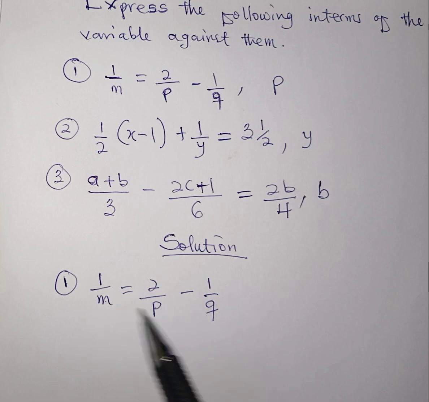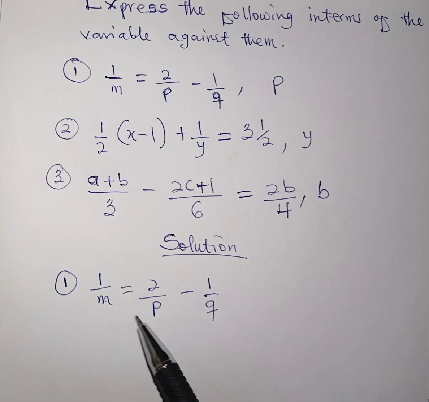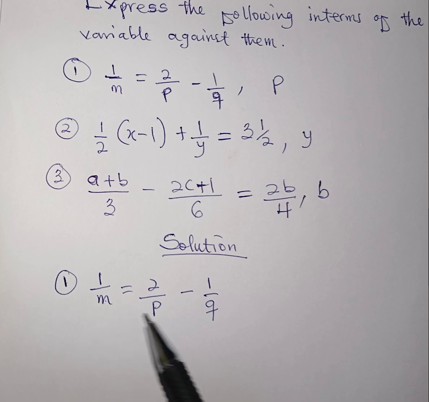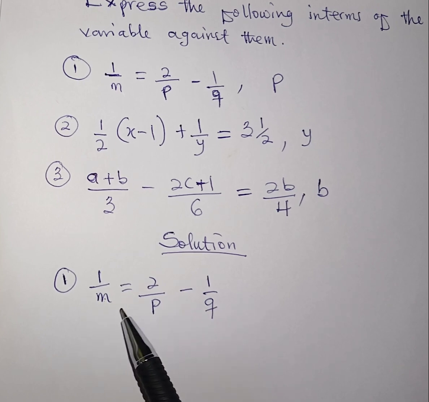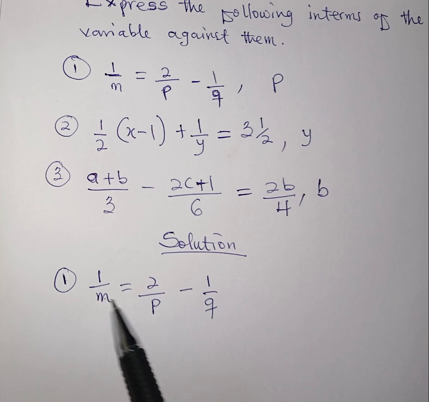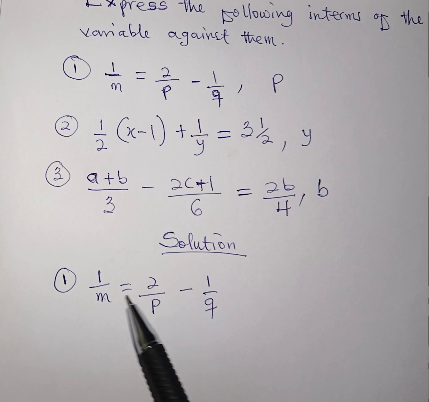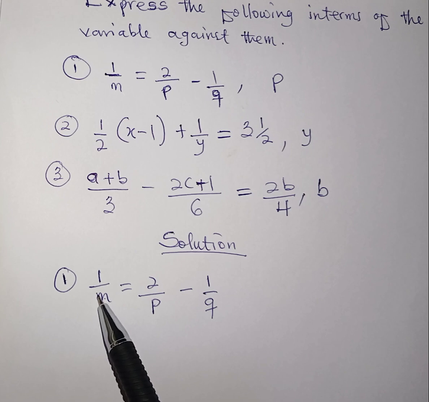Now how do you find the LCM of this? M is different from P, which is different from Q. Because they are different, you just multiply the denominators, and that becomes your LCM. So it will be M times P times Q.